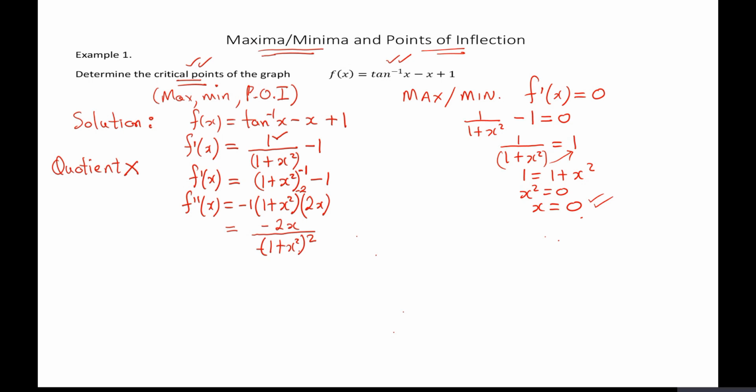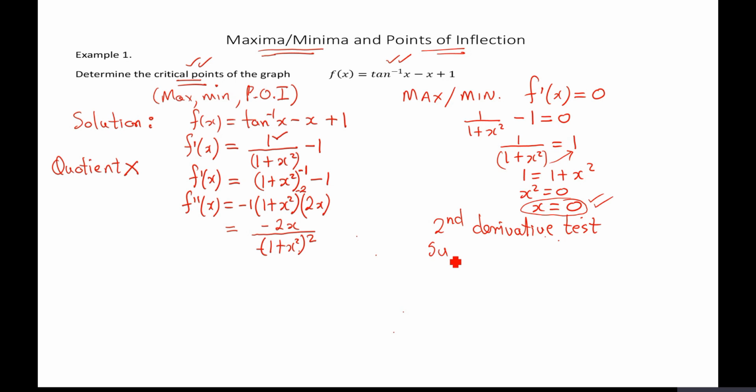Now we have to question ourselves. Well, okay, if x is equal to 0, is it a maximum or is it a minimum? And this is when our second derivative test comes in. This is a test that establishes whether that value that you have calculated, in this case, x equal to 0, is a maximum value or a minimum value. And how do we do that?